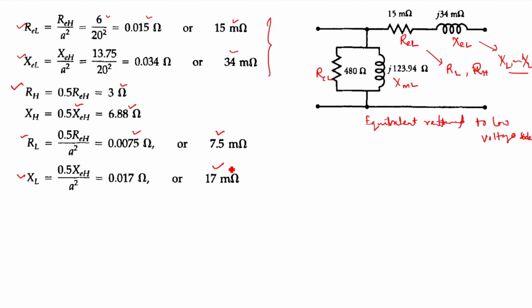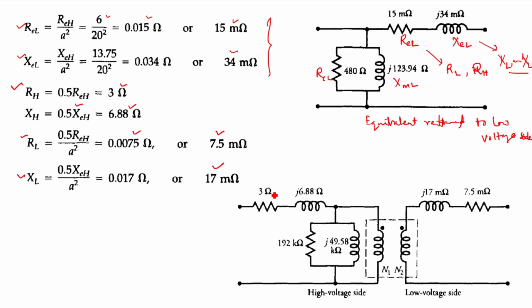So now if we draw the exact equivalent circuit, segregating the parameters, and we see the transformer viewed from the high voltage side, we can see from this side, okay, now your magnetizing and core loss component will remain in the high voltage side. So therefore this is your RCH and this is your XMH, right?